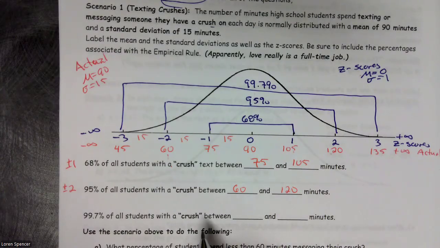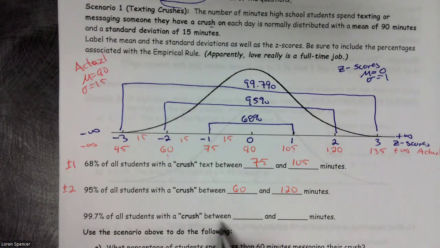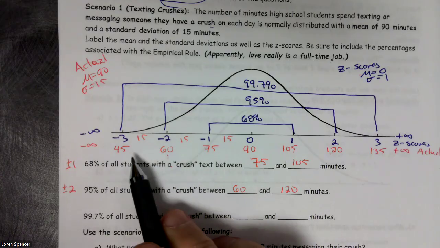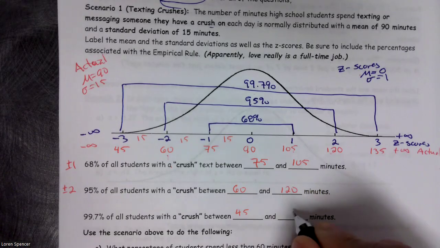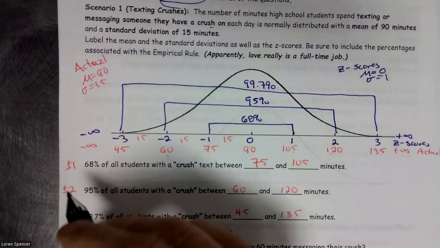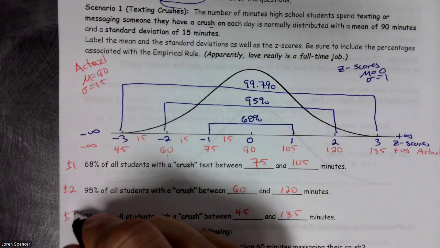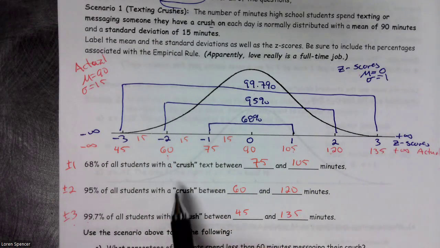And finally, 99.7% of all the students with a crush text between how many minutes? Between 45 and 135. And remember, 99.7 is plus or minus 3 standard deviations.